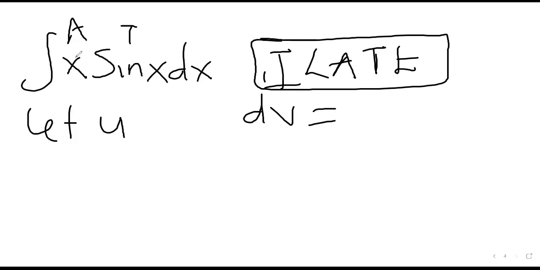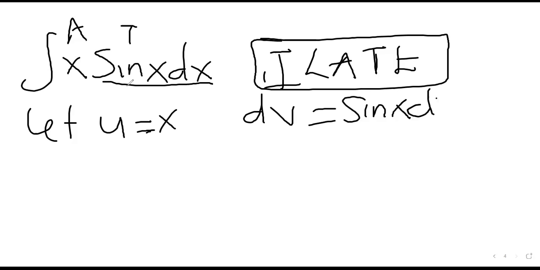Our algebra part here is x. So u is equal to x, and your dv is equal to the entire remaining part, so dv is equal to sine x dx. So now integration by parts is just like this.